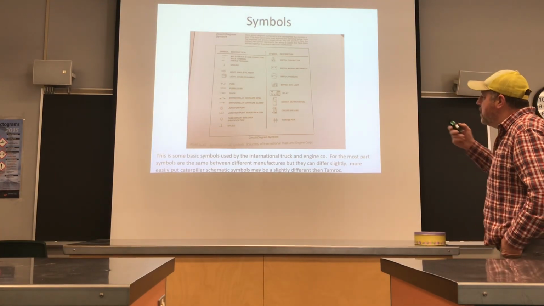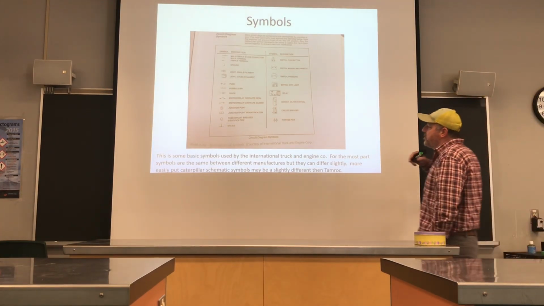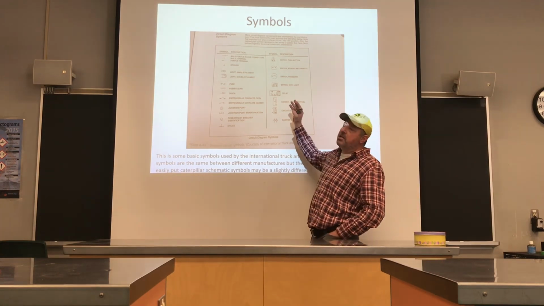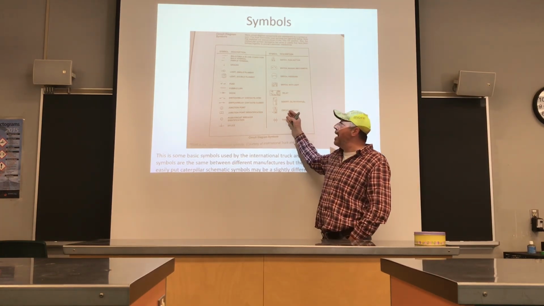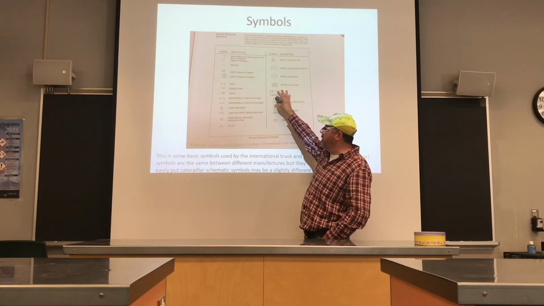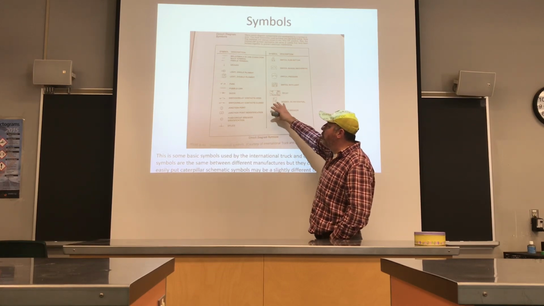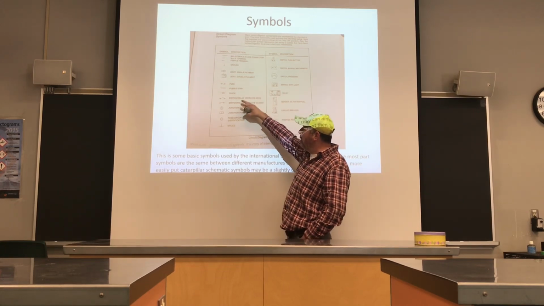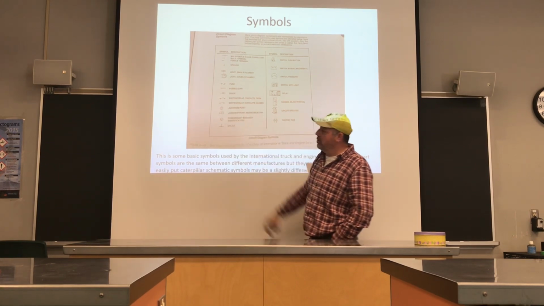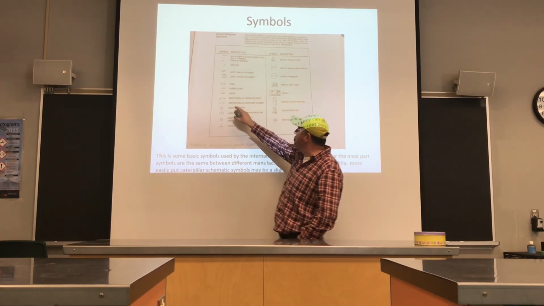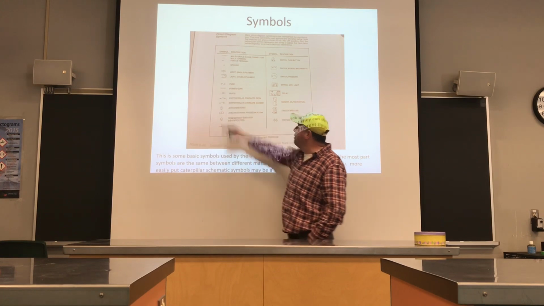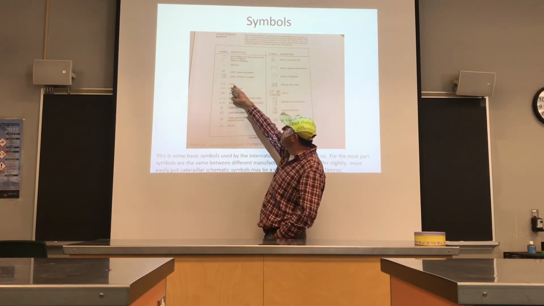Some examples of schematic symbols. Each schematic traditionally has a diagram like this, and it's going to show you all the normal symbols that we use for switches, diodes, fusible links, or fuses.